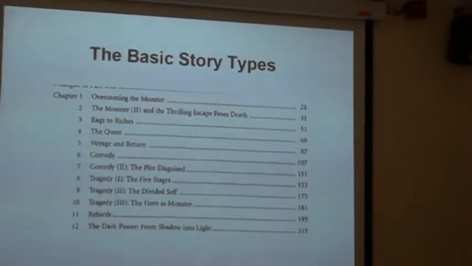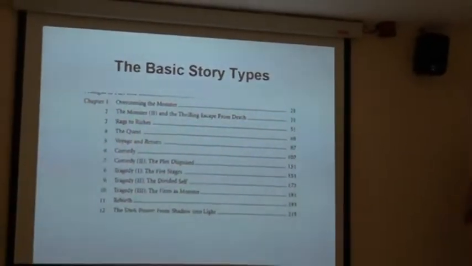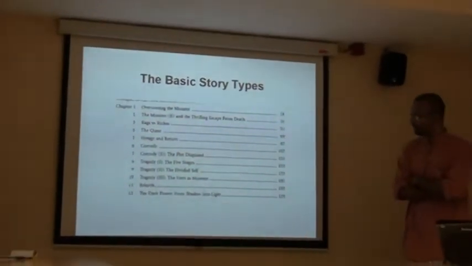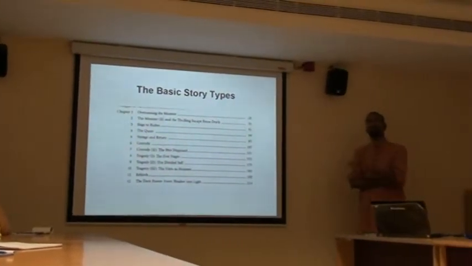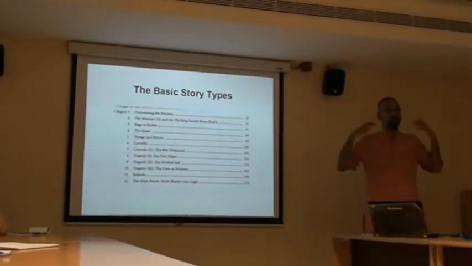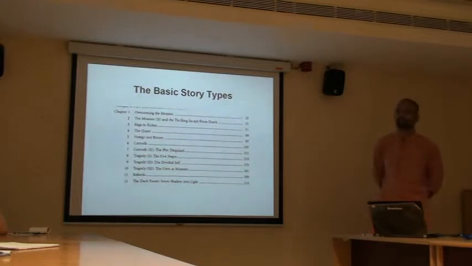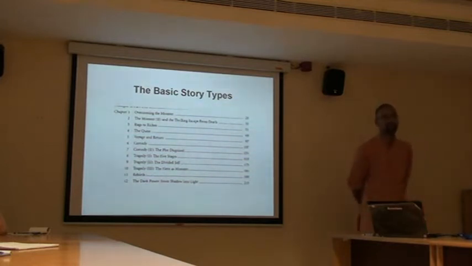Right? So there's the monster, which was the dragon. Then there is the quest, which is being able to get home. So what it shows you is that the way we organize our lives falls into a very, very sharply limited set of story patterns.